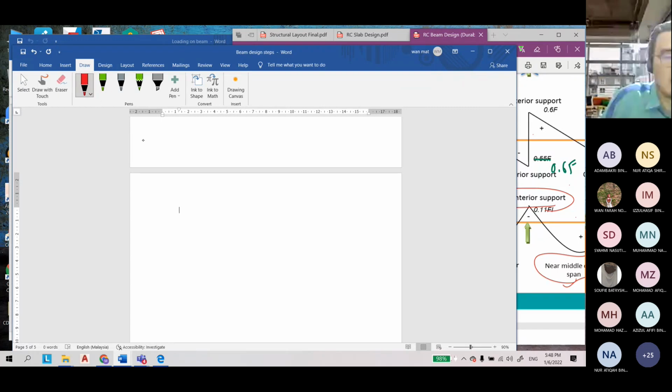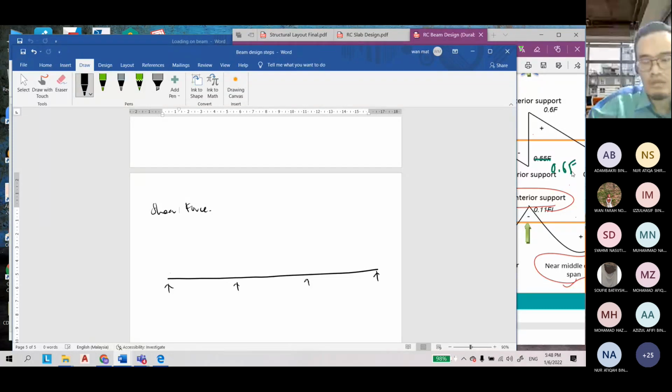And then here is your shear force. You help me with your calculator. The shape of your shear force is typically like this one.